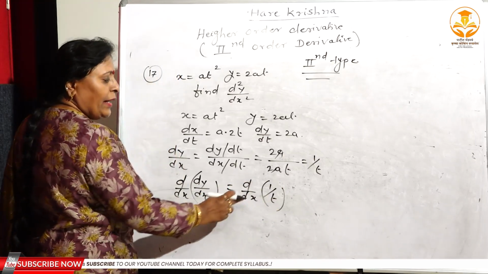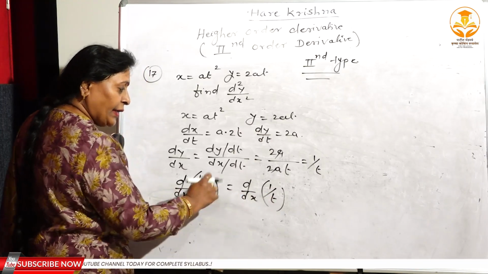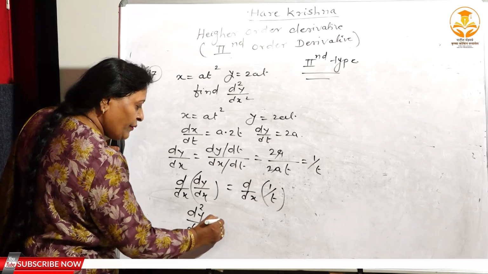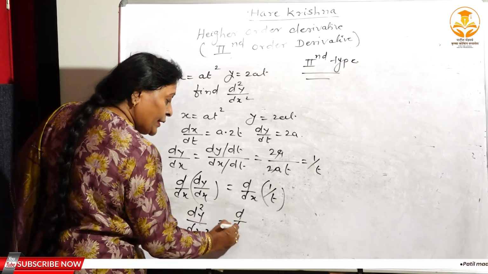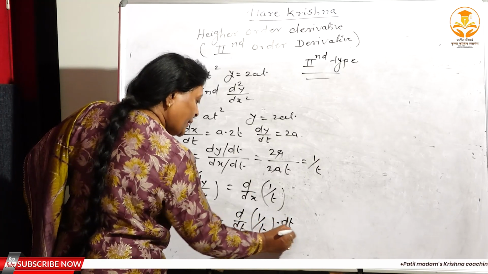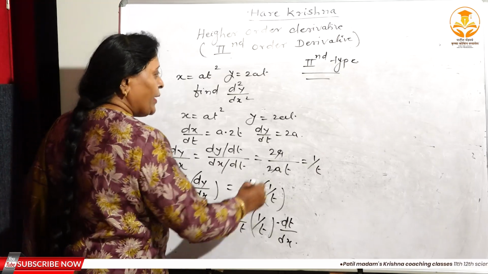The problem is, this is the derivative with respect to x, and your function is of t. Therefore, see what you have to do. Here you have to be very careful. First you have to take the d by dt of 1 by t and into dt divided by dx. Right? At this step, you have to be very careful.